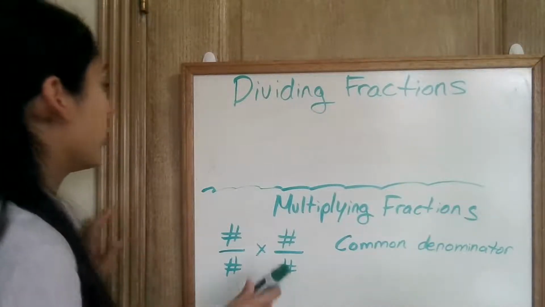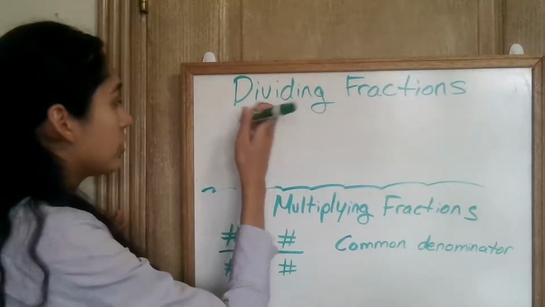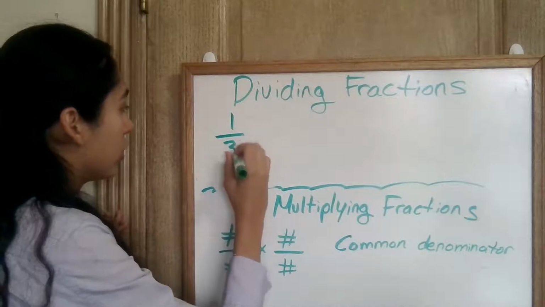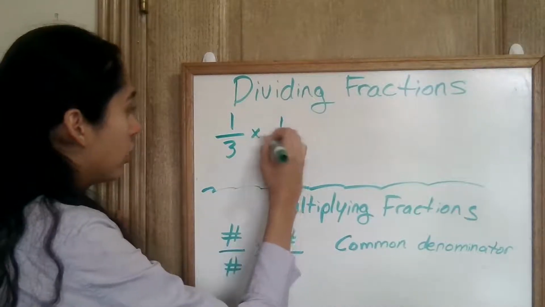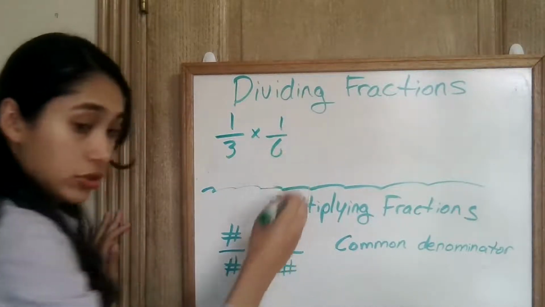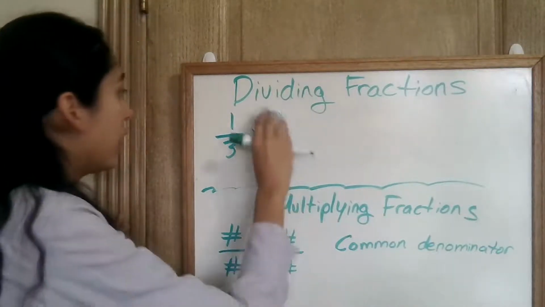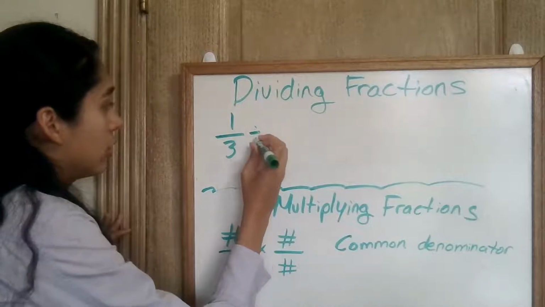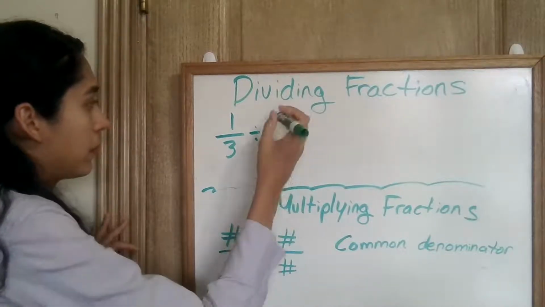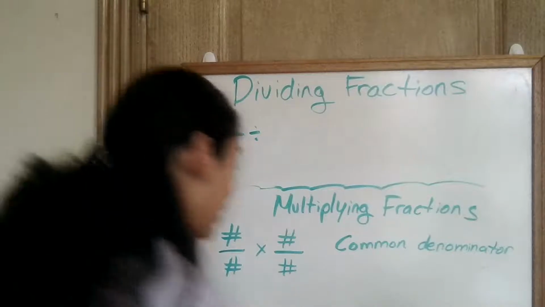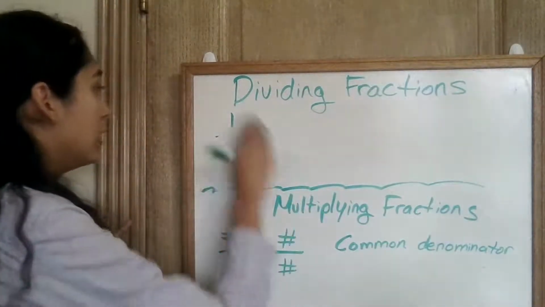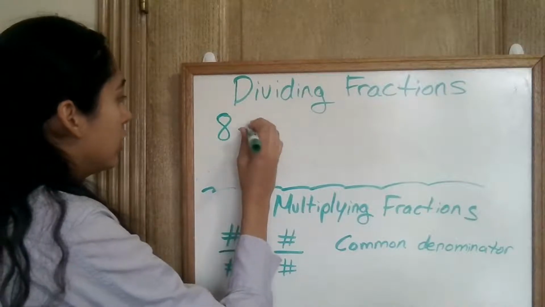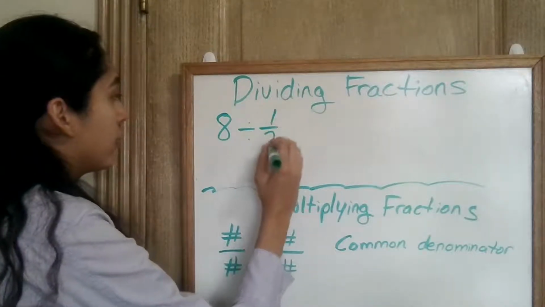And let me explain. So let's do, I think it actually makes more sense if I do, let's say, 8 divided by 1/2.